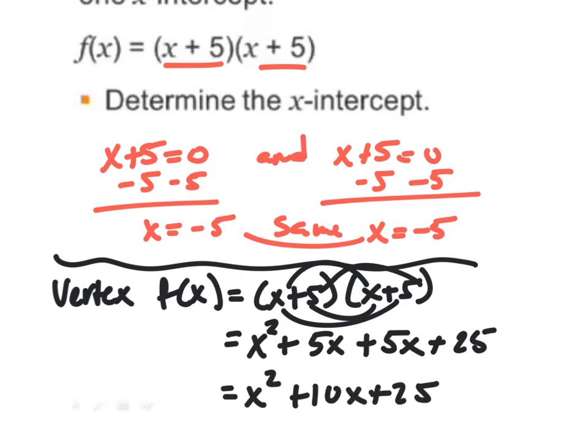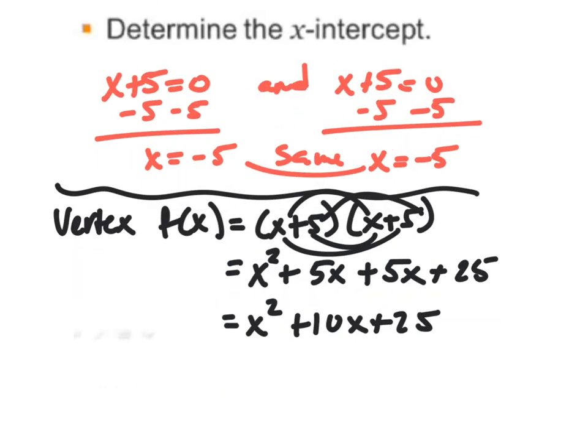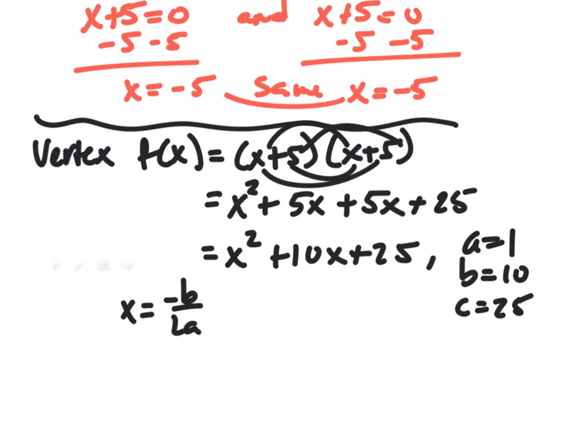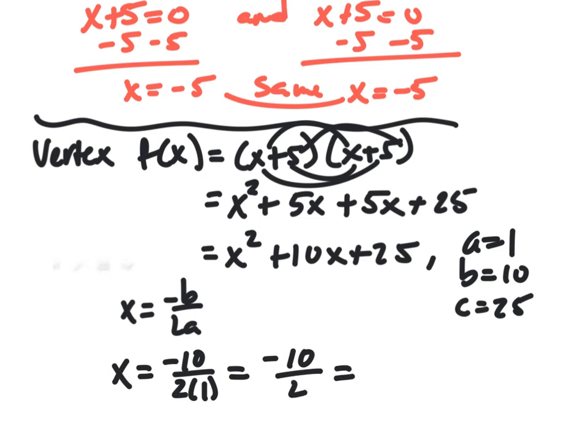In order to find my vertex, x is equal to opposite b over 2a, where a is equal to 1, b is equal to 10, c is equal to 25. So x is equal to opposite 10 over 2 times 1, which gives us negative 10 over 2, an x value of negative 5. That's the x value of my vertex.